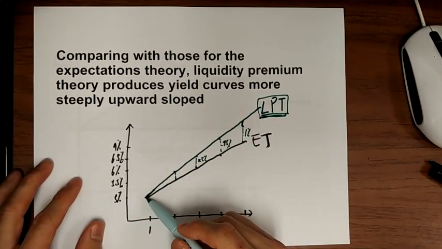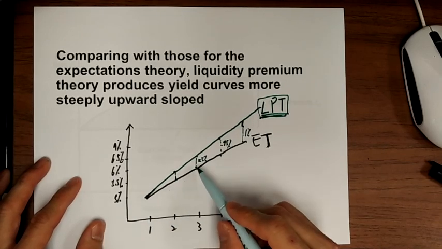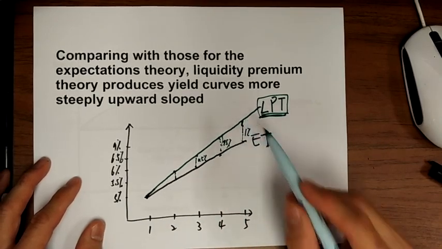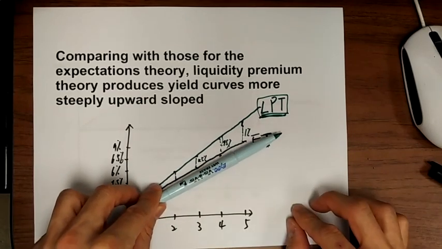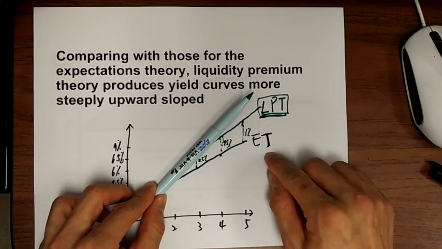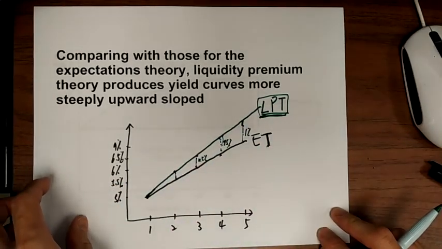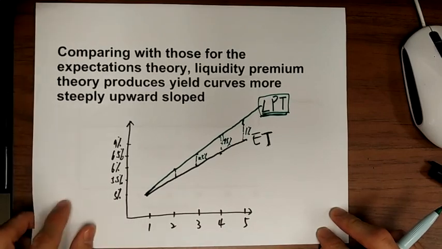Because 1-year bond interest rate is the same, no liquidity premium. But the liquidity premium is getting bigger and bigger. Therefore, you pivot up the expectation theory yield curve to get the true yield curve, that is, the yield curve implied by the liquidity premium theory.